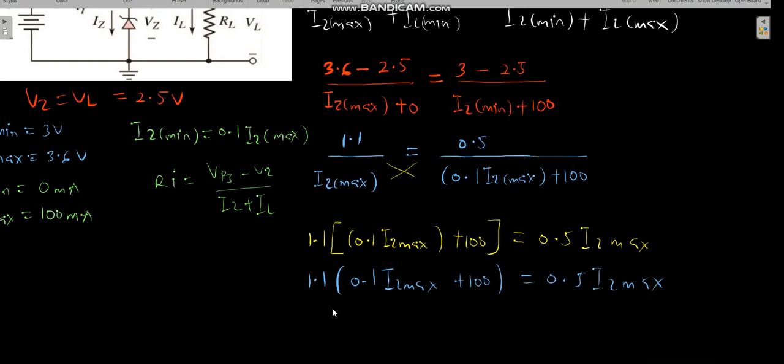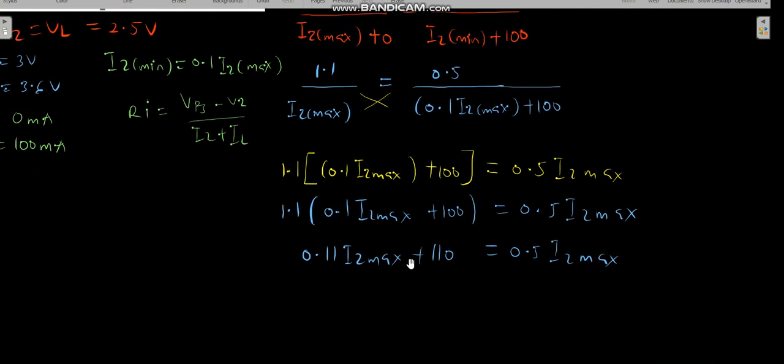Okay, so now let's multiply. So 1.1 times 0.1 will give me 0.11 Iz max, plus 1.1 times 100, which gave me 110. So this will be equal to 0.5 Iz max.